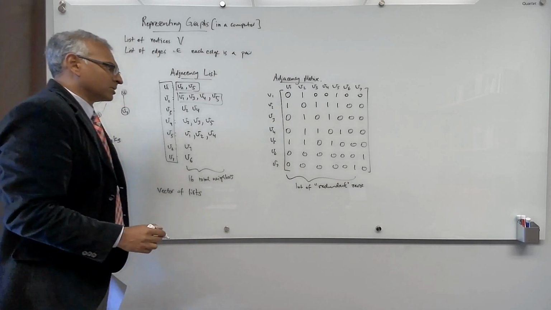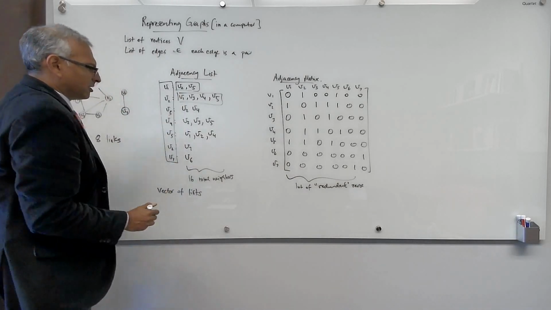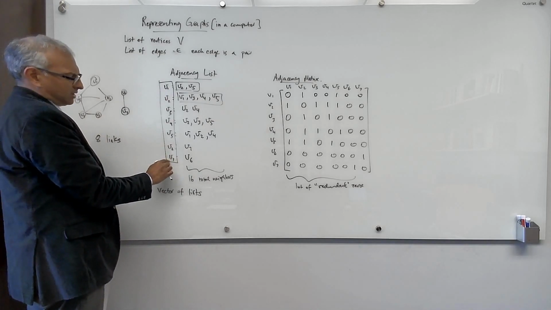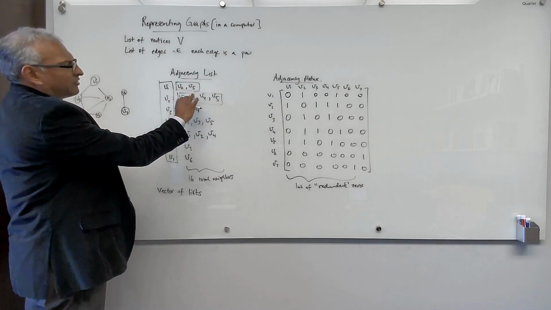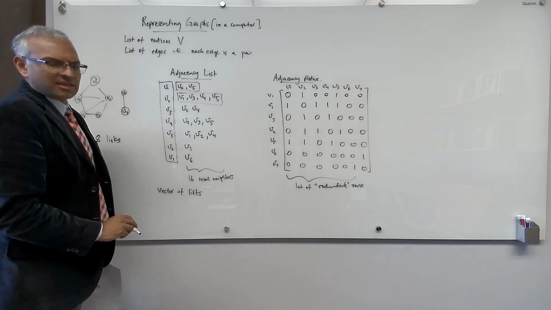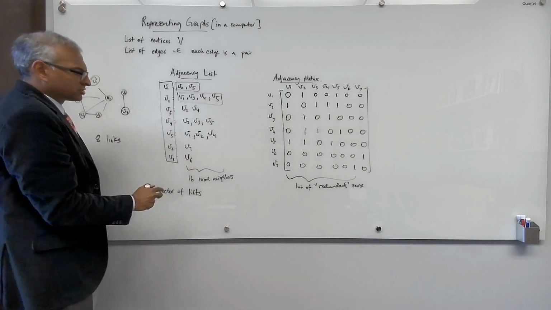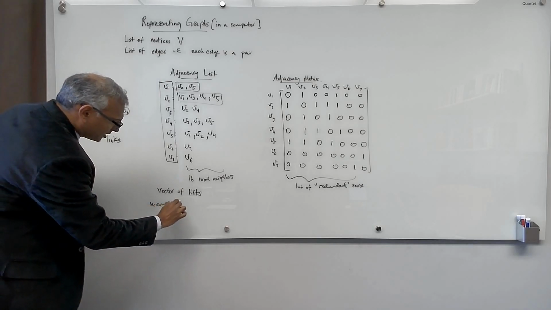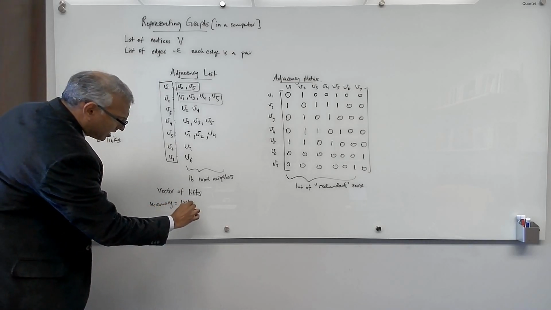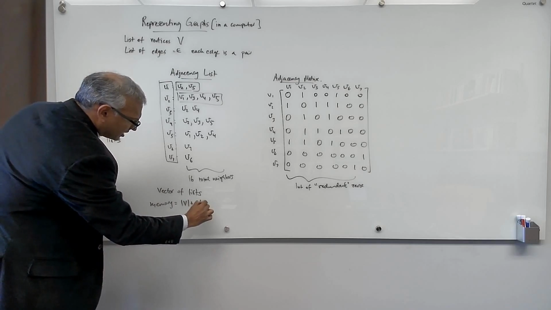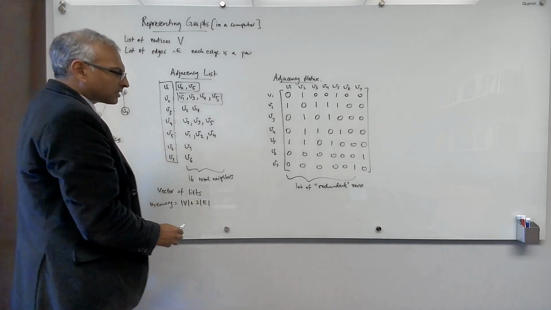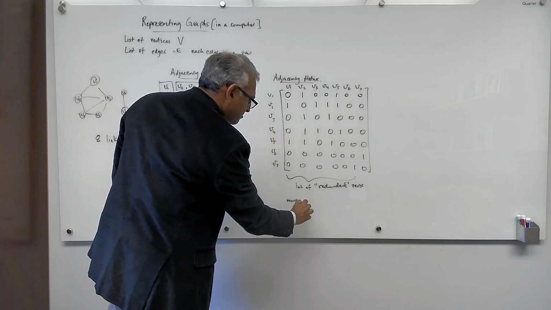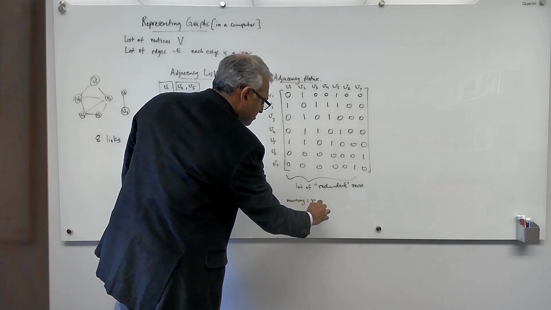If we think about memory, in the list, the amount of memory used is n, and in this case n is 7, plus however many edges there are, twice that number, because each edge appears twice. So memory here is, roughly speaking, the size of the vertex set plus twice the size of the edge set. In the matrix, the memory is just n squared.